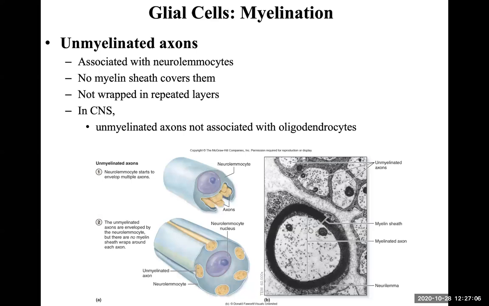But it's worth mentioning that even for unmyelinated axons, within the peripheral nervous system, these cells are still associated with myelin to some degree.